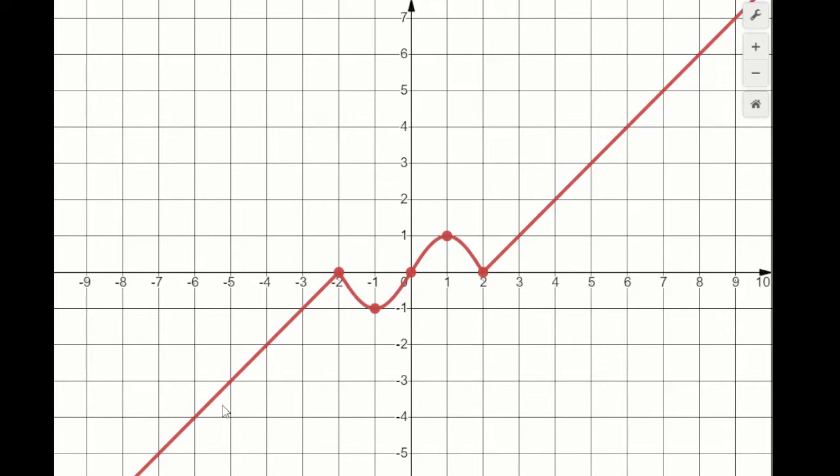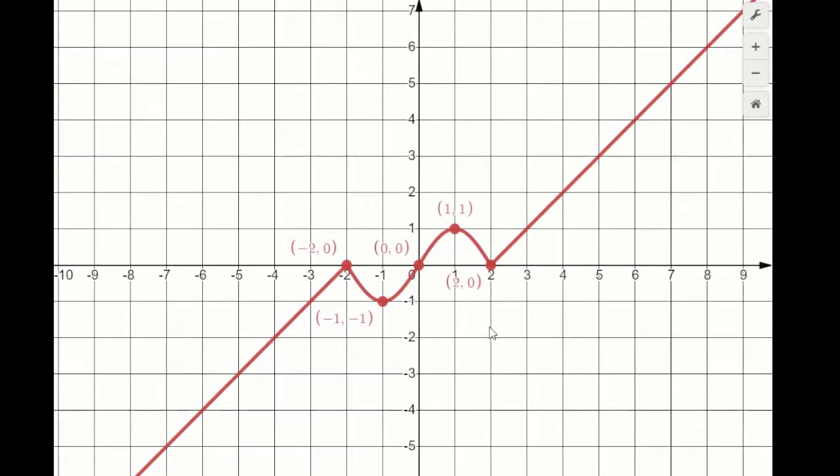In this graph, I use these points as guiding points, and I can show the labels here. See, we have one guiding point right at (-2, 0), and then there's one at (-1, -1), and so on. The labels make it clear about these guiding points. These guiding points are simply those points that are useful for defining the shape of our graph.